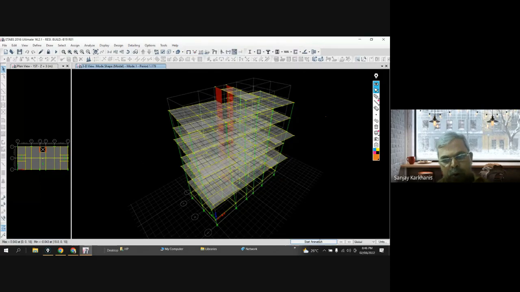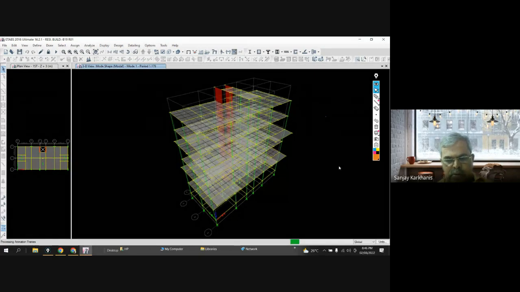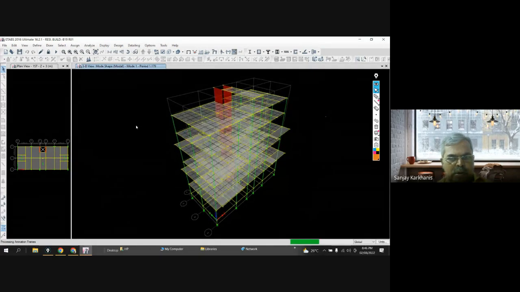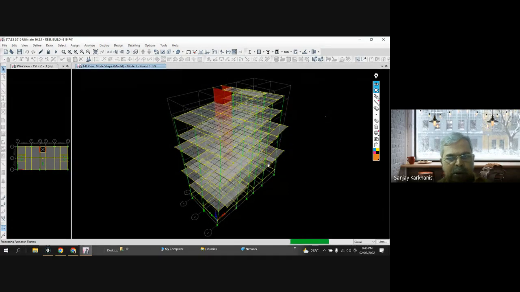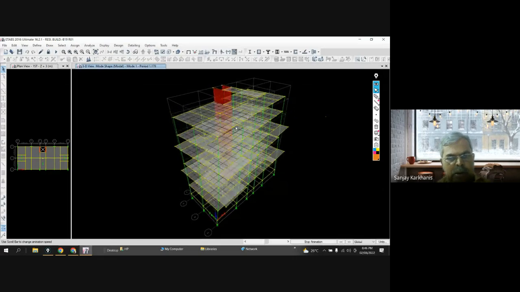Earlier it was torsion. Now it is a torsion, but it is a little bit different.